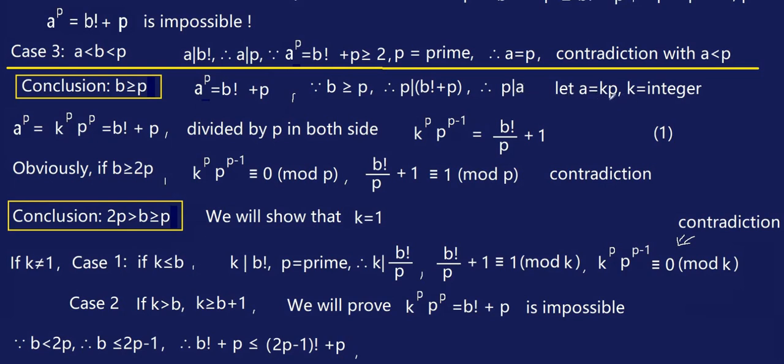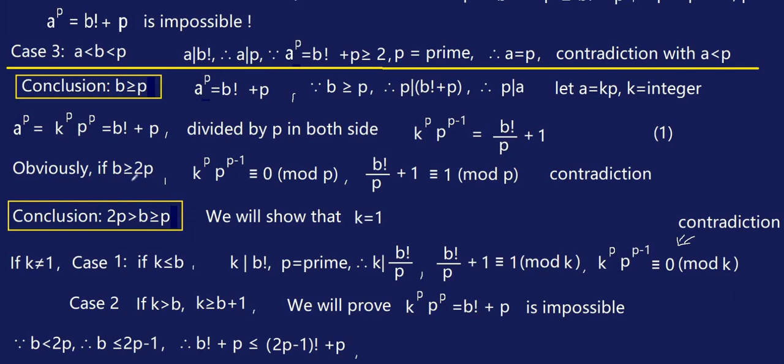So we let a be equal to kp, where k is an integer. Then we have a to the p's power equal to k to the p's power times p to the p's power, and equal to b factorial plus p. We divide by p on both sides. We have this equation.